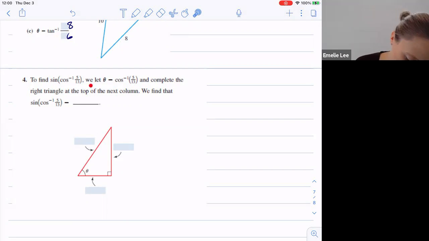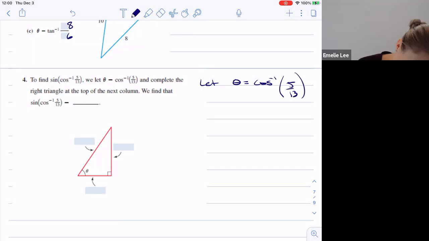So I'm going to follow these steps because it walks you through the problem, but I'm going to write them out here so we have them. Let theta be the cos inverse of 5/13.